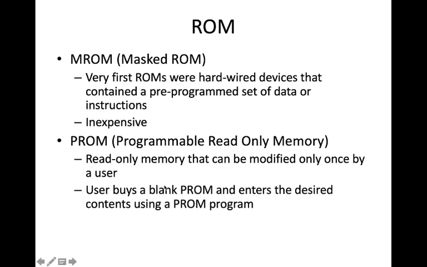So the user buys a blank PROM and enters the desired contents using a PROM program. So if we want to make a washing machine, we will buy this PROM chip, write our own code, and program it in the PROM, and this PROM will be inserted in the washing machine. So it does all the operations based on our instructions.